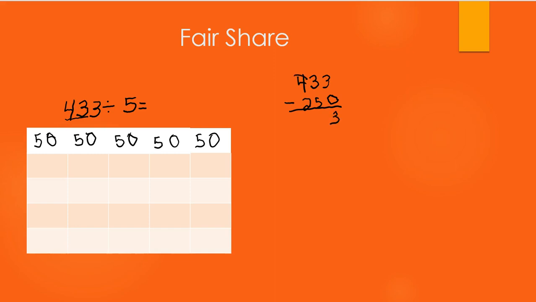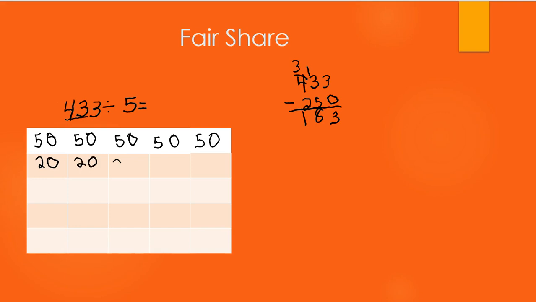So I'm going to have to borrow because the 3 is less than the 5. So 13 minus 5 is 8. And now I have 183. Well, if I did another set of 5 50s, that would be too much. So I'm going to go down to 20s. So now I'm going to do a row of 20s because 5 times 2 is 10.